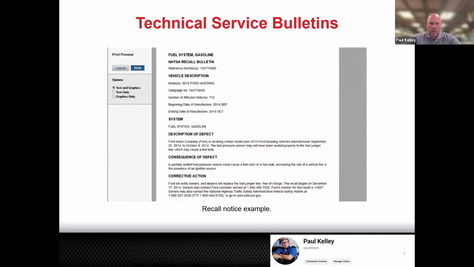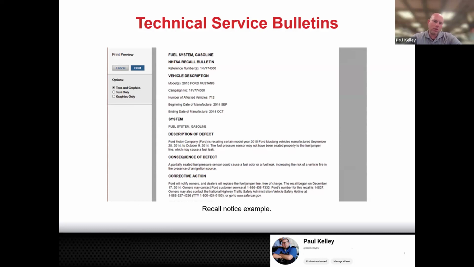TSBs may or may not be the issue, but to make it really clear, let's say you spend an hour diagnosing an AC concern and then you realize that there's a TSB on it, you may or may not get paid that hour. If it goes warranty, you're not going to get paid that hour. If it's already warranty when it comes in the door, you're not really supposed to do a bunch of diagnosis testing. You're supposed to check for TSBs first.